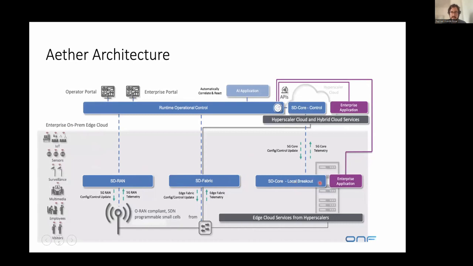These components allow connectivity and other functionalities, such as the in-band network telemetry provided by the SD-Fabric project, to export metrics and have these metrics consolidated in a single point of entry in the cloud, in a hyperscaler cloud, from where the Runtime Operation Control can see those metrics, not only from SD-Fabric but also from SD-Core and SD-RAN, and have control over them.